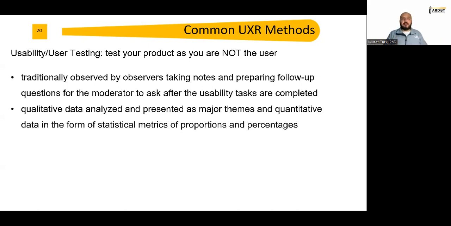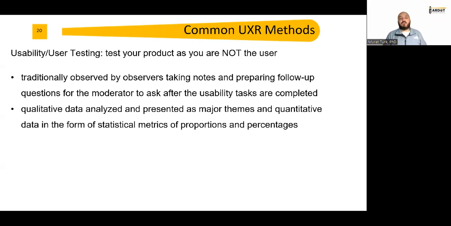And basically, qualitative data that we get from these usability tests are just analyzed and presented as major themes. And we can create, for example, an affinity map. It's a kind of diagram where you show the categories of issues and some details about the issues.